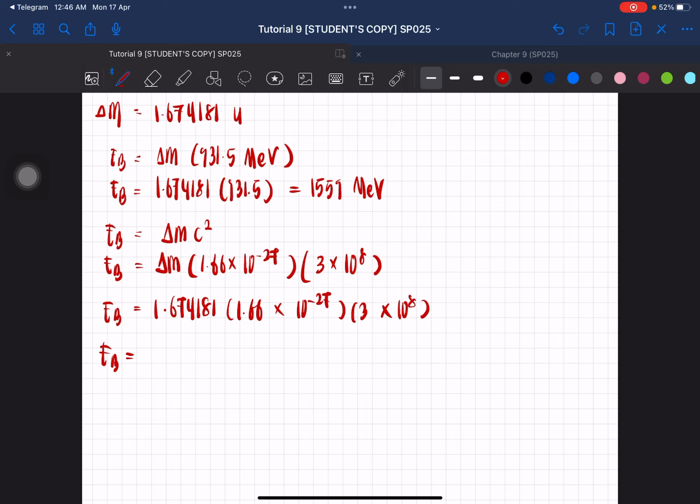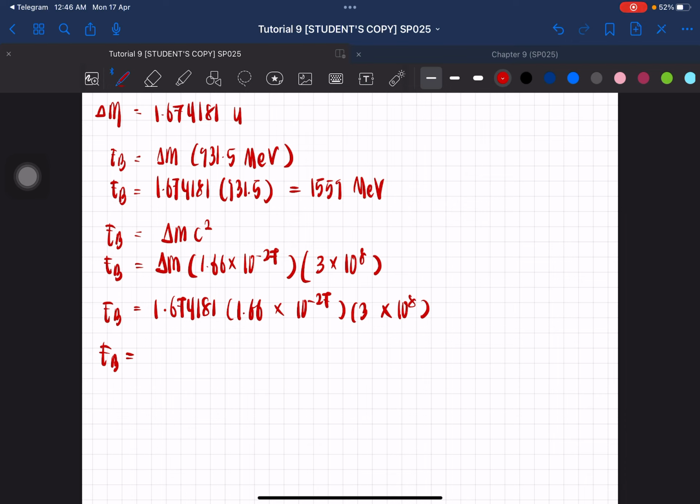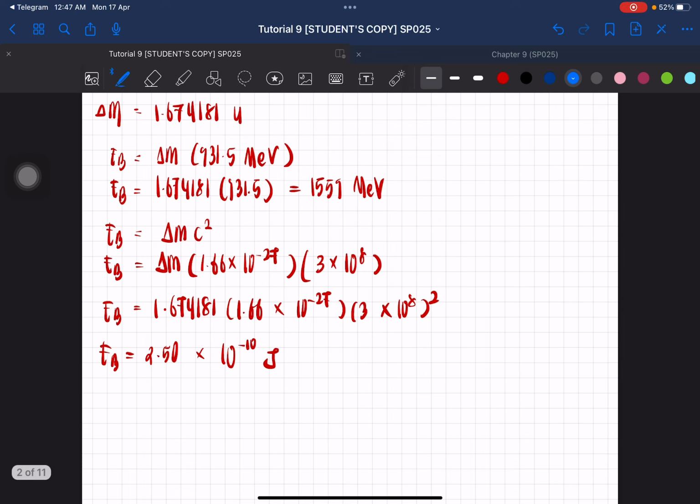I get 8.674181. What is the speed of light? It is 3 times 10 to the power of 8. Oh, I forgot the square. No wonder. Okay, so don't forget to square it and you will get, yes, the correct answer, 2.5 times 10 to the power of negative 10 joule. Okay, so if you want to do it this way, it's really not a problem. But you can also actually directly do from here.